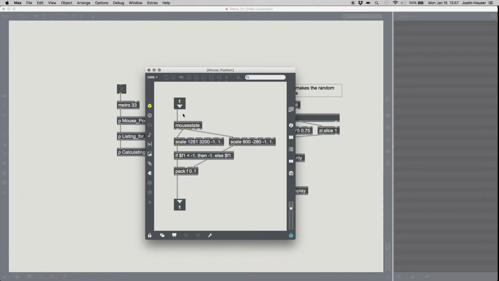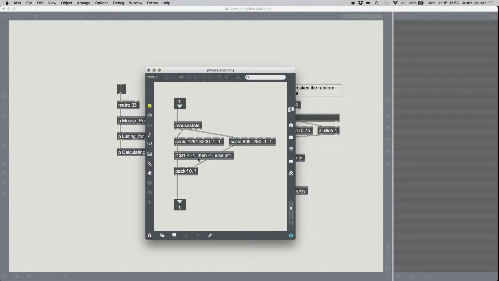So mouse state is just generating the X and Y positions for where the mouse is. I'm using 2 screens, so 1281 is the left-hand side of this screen, 3200 is the right-hand side of that screen, 800 and negative 280. Negative 280 is actually the top, so this one is inverted.